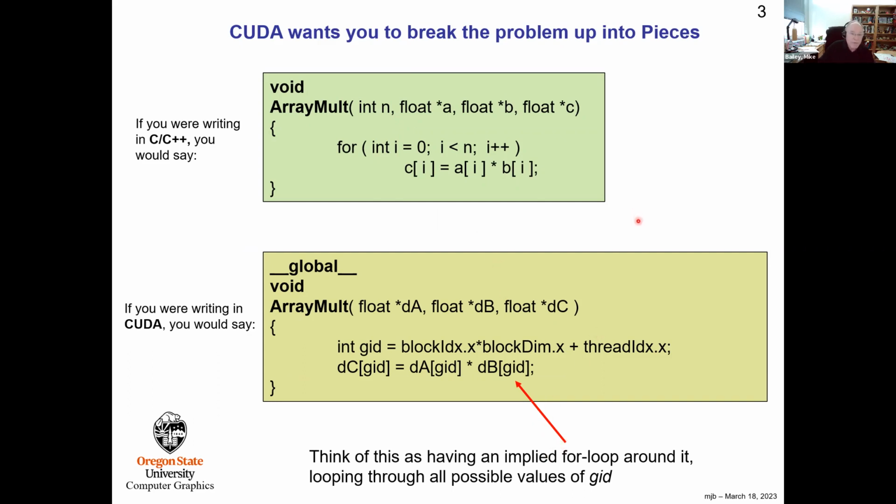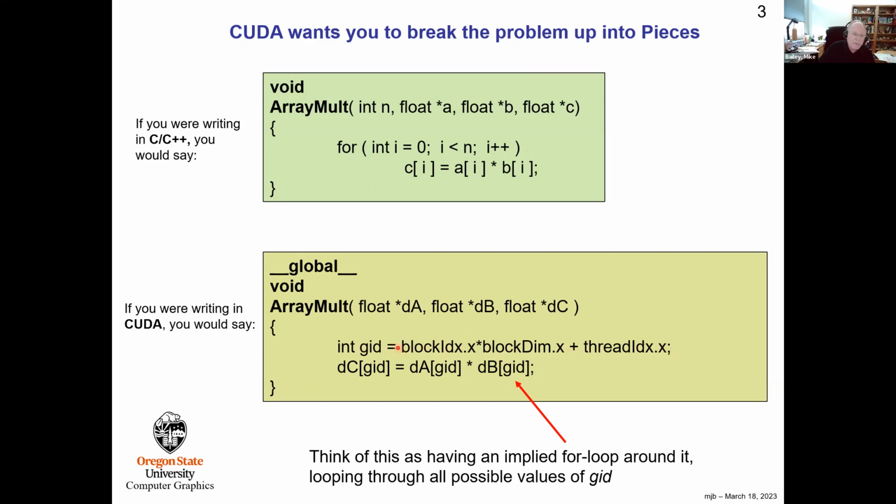It's an implied for loop because what you're going to do is you're going to run this on many, many, many threads. Okay, well, which thread does this chunk of code have access to? Here. GID stands for Global Identifier, and I'll explain what all this stuff is.